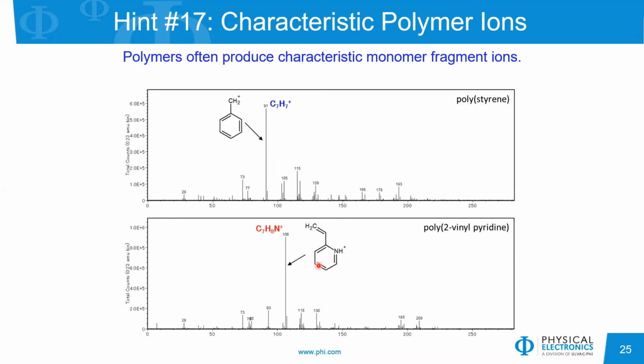Again, I'll just bring us back to the nitrogen rule. In the positive ion polarity, we're looking at a peak with an even mass, which often indicates an odd number of nitrogens in the ion. And in fact, here we see that. We have a single nitrogen atom in this even mass ion.